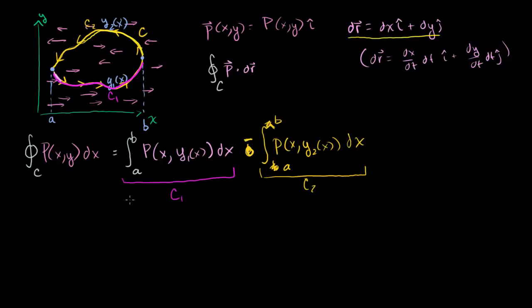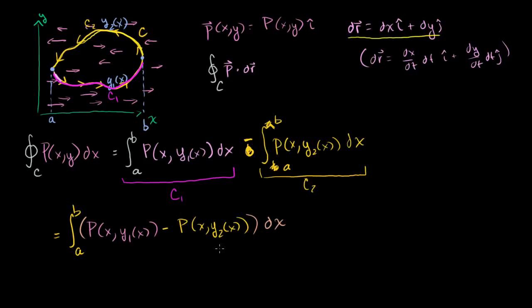And now we can rewrite this whole thing as being equal to the integral from a to b of p of x and y1 of x minus p of x and y2 of x, and then all of that times dx. Maybe I'll write it in a third color. All of that times dx.